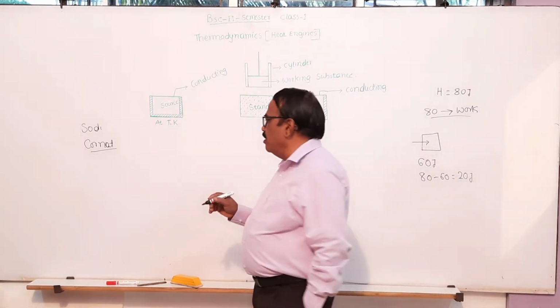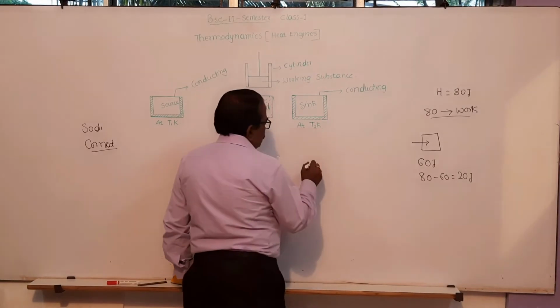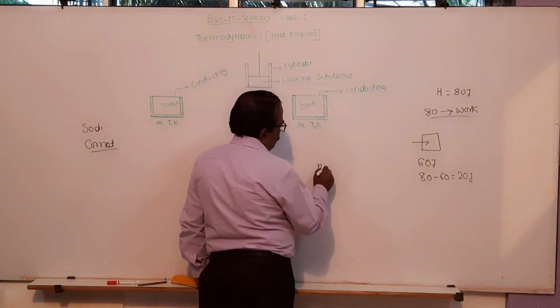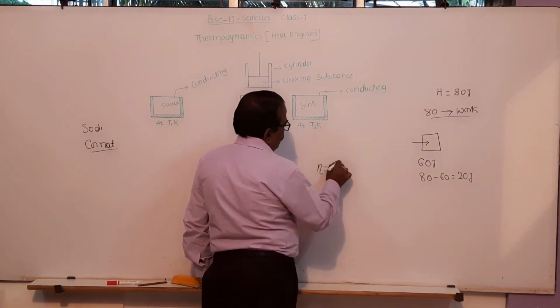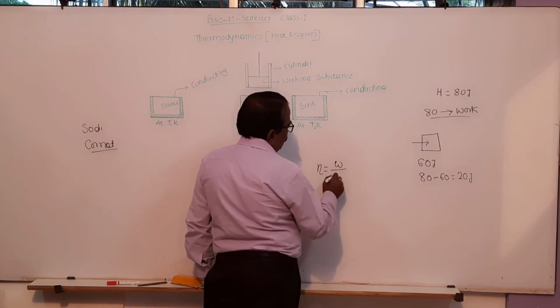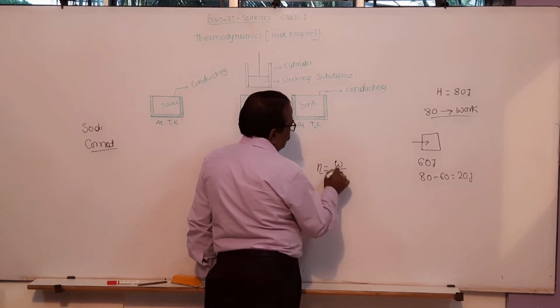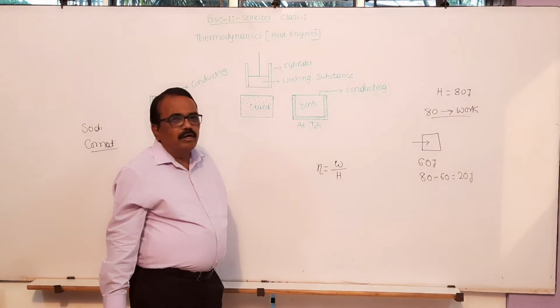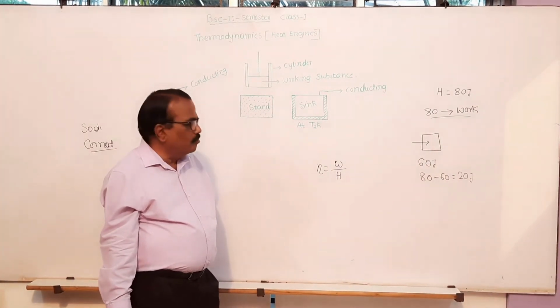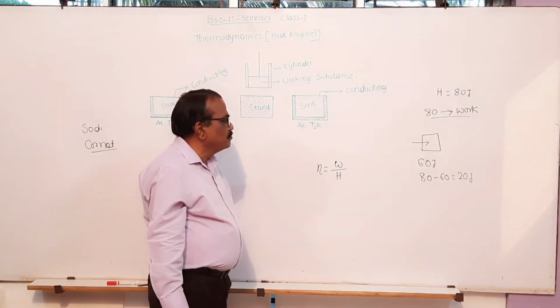What do you mean by efficiency? Efficiency is the amount of work done divided by the amount of heat supplied.